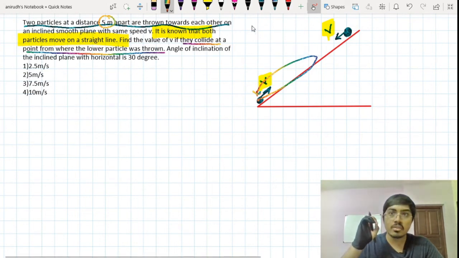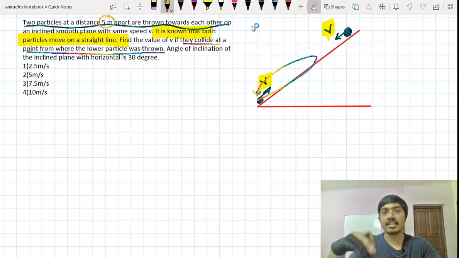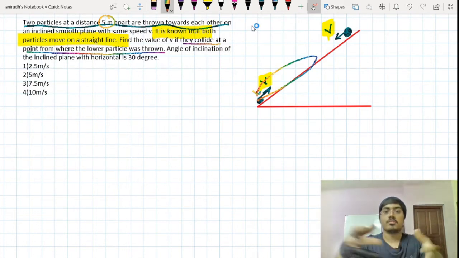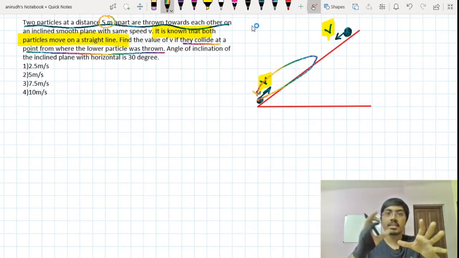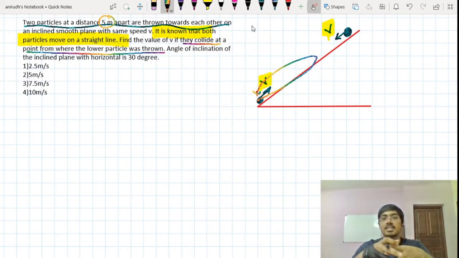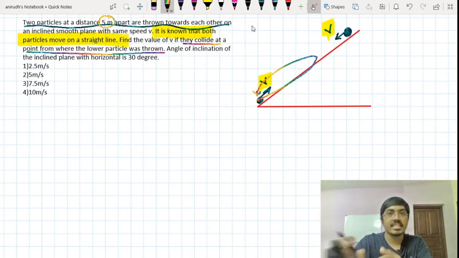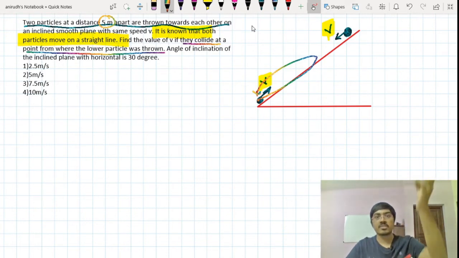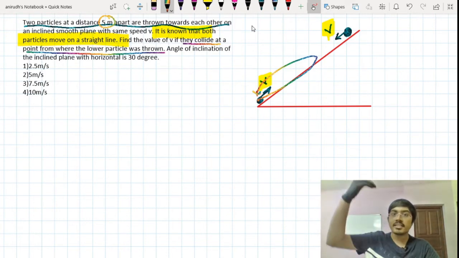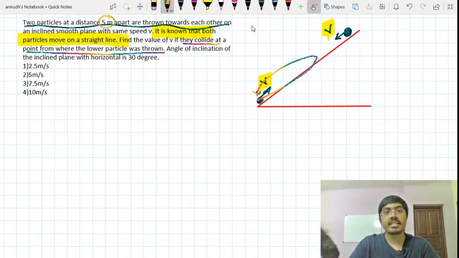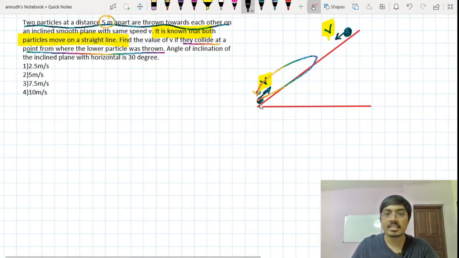See, motion on an incline is very similar to free fall. It is moving only under the influence of gravity. But in a normal free fall condition, you will take the acceleration due to gravity as g, right? If you throw a body upwards, what is the acceleration on it? The earth is pulling it. G is the acceleration. But in this condition, you cannot use the entire g, right?